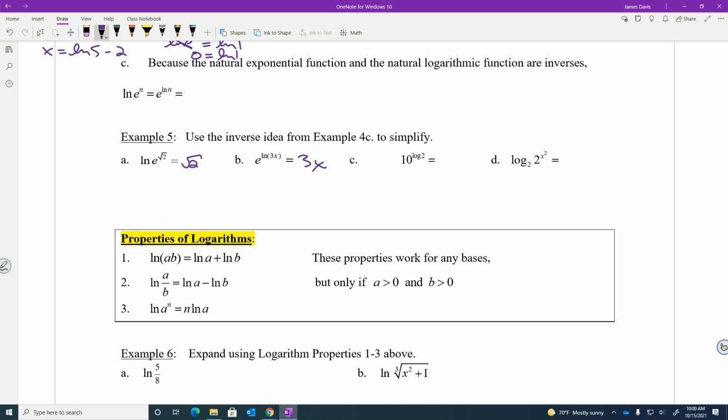And the same can be said for other exponentials with the same base. Because remember, this natural log is actually log base e, so e to the log base e of 3x cancels. That's why they cancel. So on this one, this is really 10 to the log base 10 of 2. So the same thing is true. 10 to the log base 10 cancels, so we're left with 2.